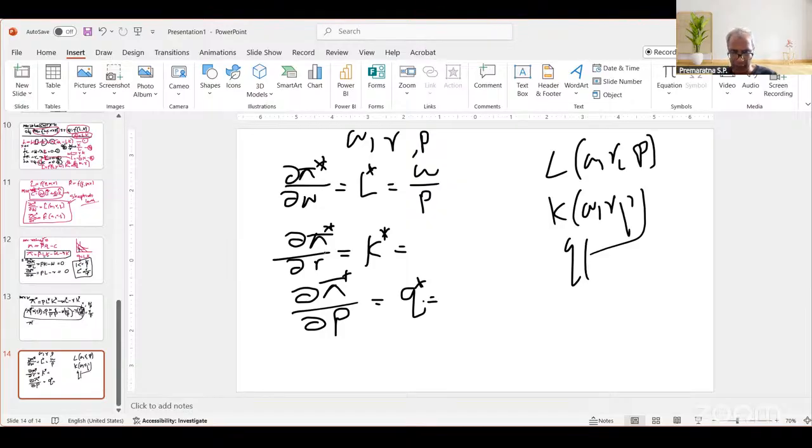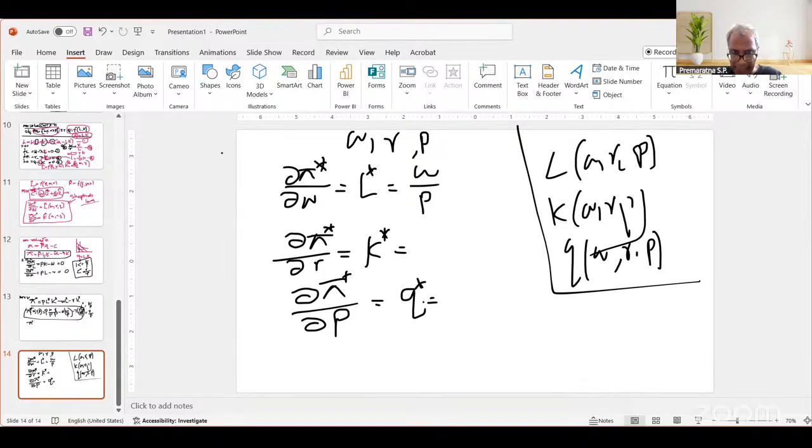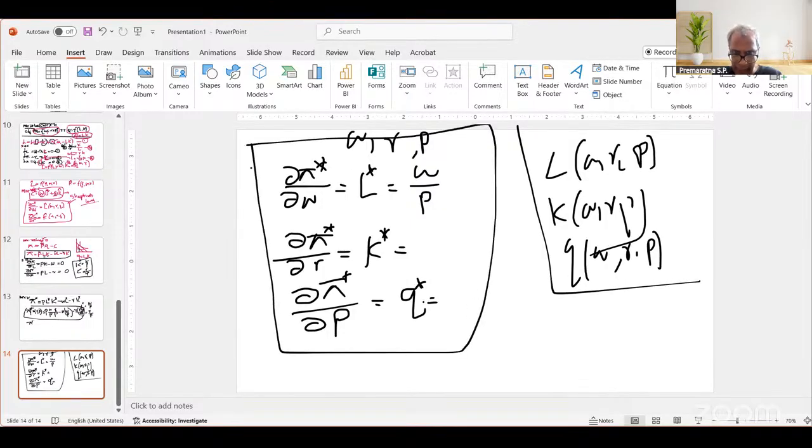See, when you estimate the maximum profit function, you can get the output or supply function also. These three. This exercise using the maximum value profit function, when you do this exercise, what we call Hotelling lemma.